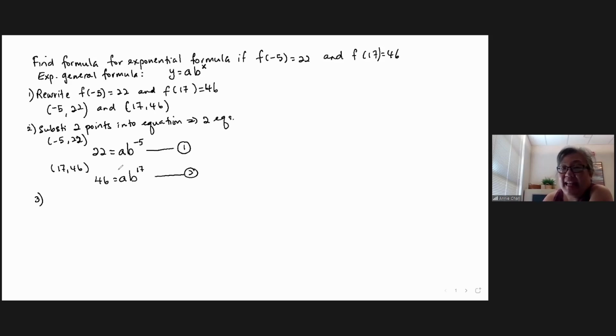Something I can cancel. You've got to cancel one variable at a time. I cannot find two variables at the same time. So because this A is by itself and this A is by itself, can I do something to cancel A?